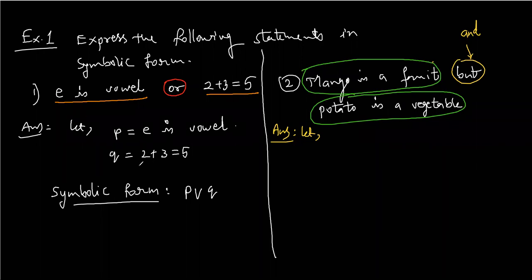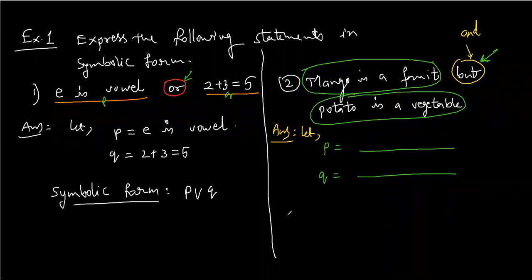Remember that you need to write this. Please don't write "but" anywhere, because "but" is only the logical connective, just as I don't write "or" anywhere. "Or" is a connective. So this is P, this is Q.